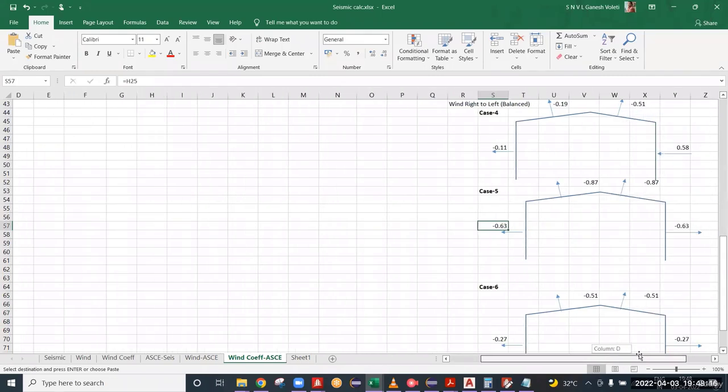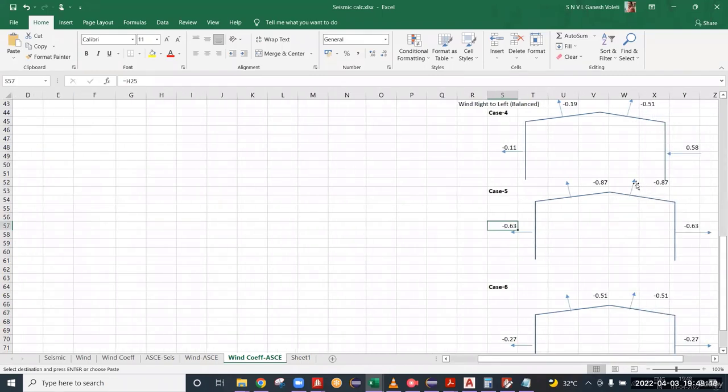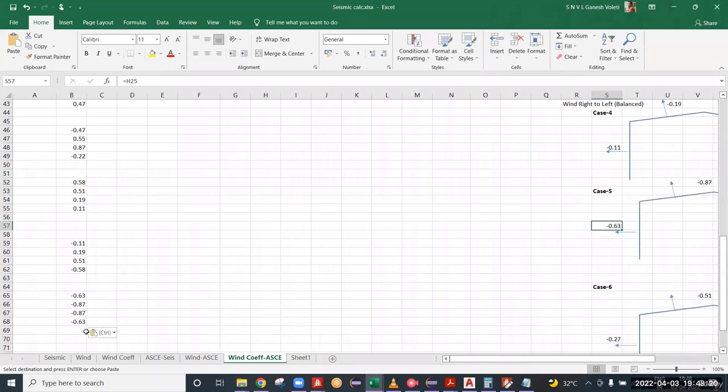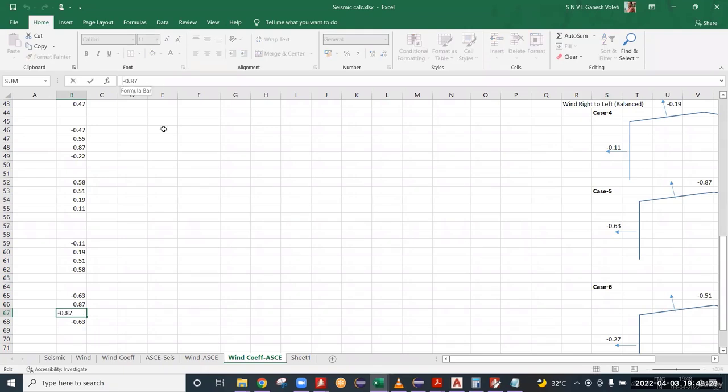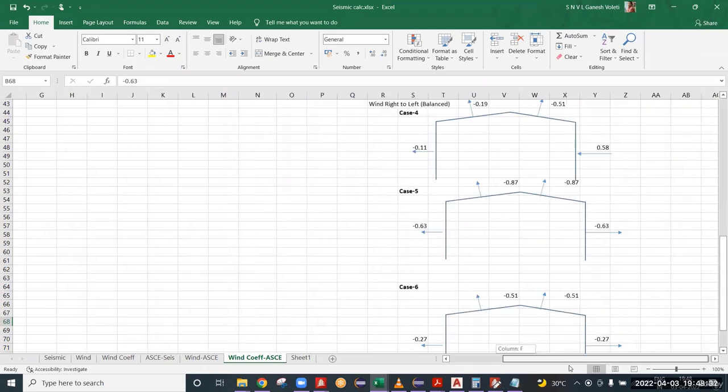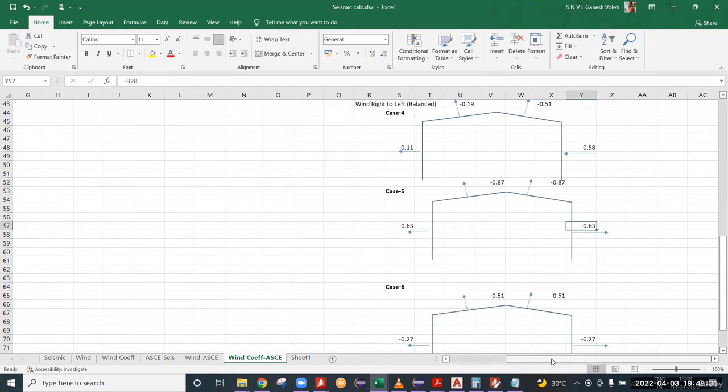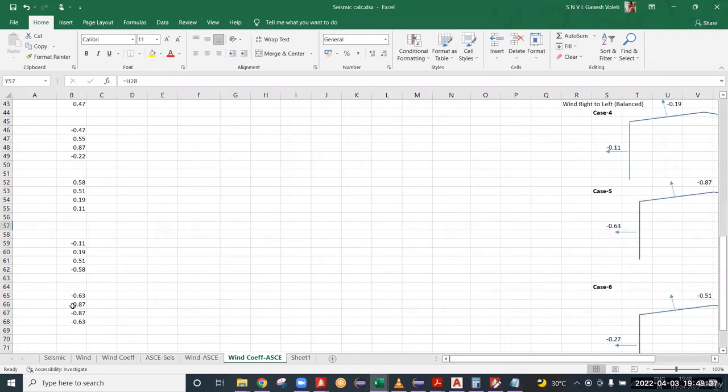And if you observe the rafter values, those will act towards upwards, so they should be positive. So I am changing them to positive. And the last column value is acting towards right. So right is positive in x, right? It has not changed.